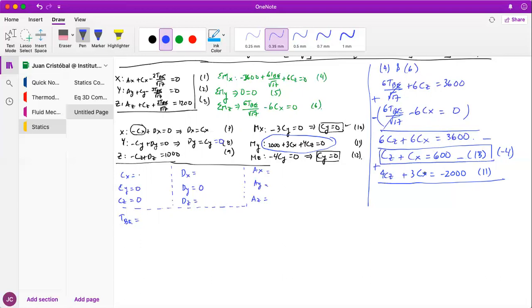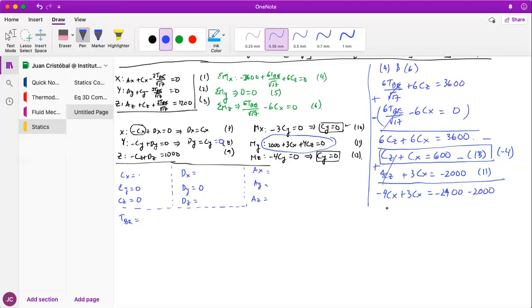And if I do that, these guys will go. So this just goes, I'm not going to put it, but it stays minus 4cx plus 3cx, okay, this one here. And in the right-hand side of the equation, I will get minus 2400, minus 2000.